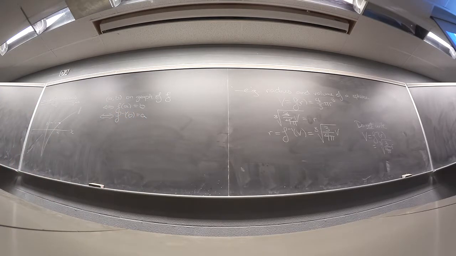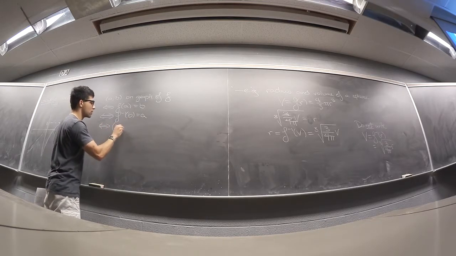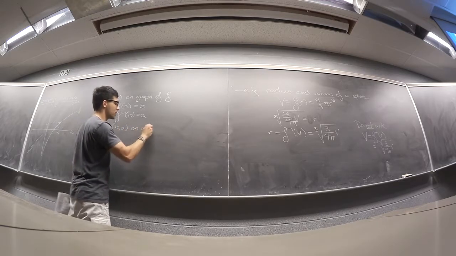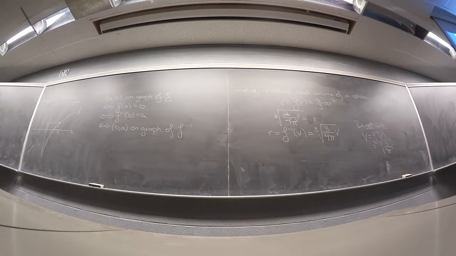So that means that (b, a) is on the graph of f inverse. Good?